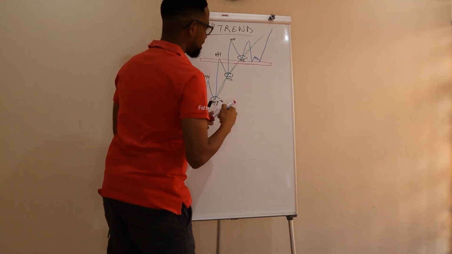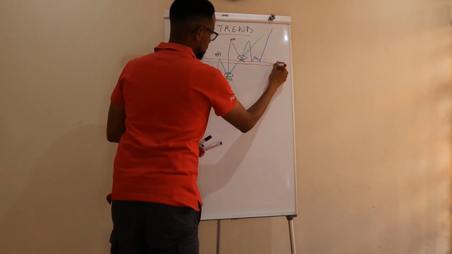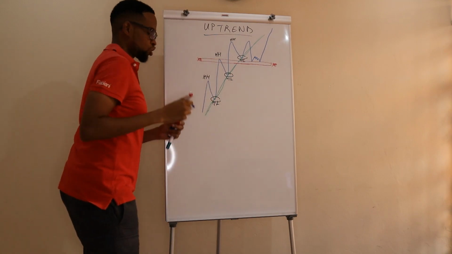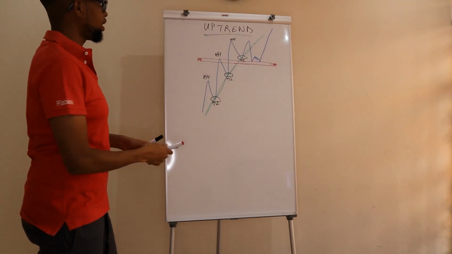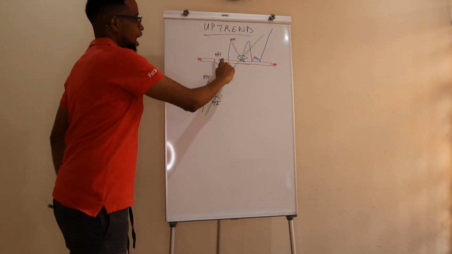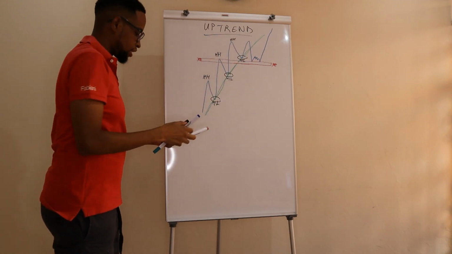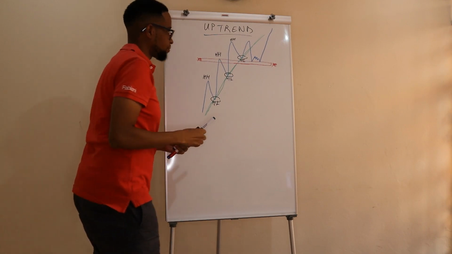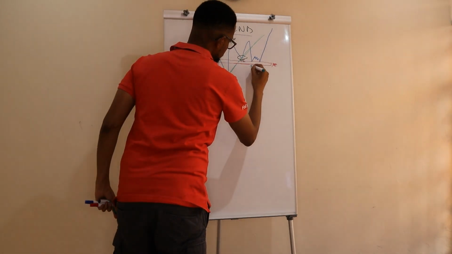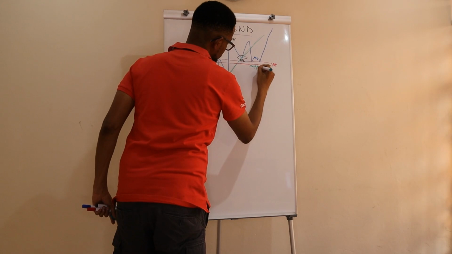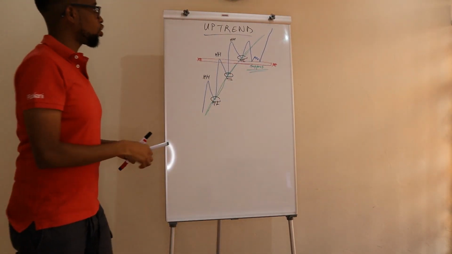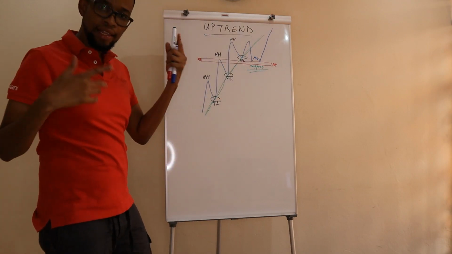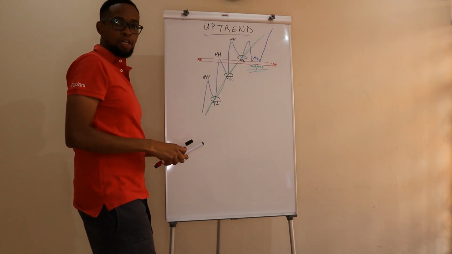We didn't break this level here, so we are still within the trend, because now it came to retrace to our support level. Our support level. So we are still within the uptrend.